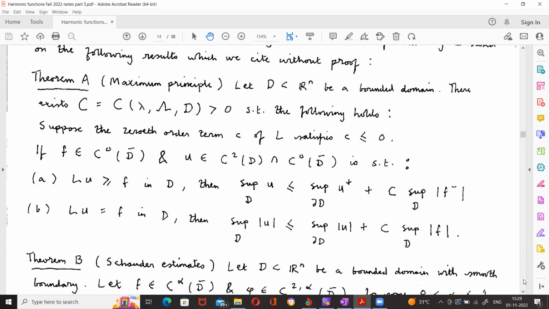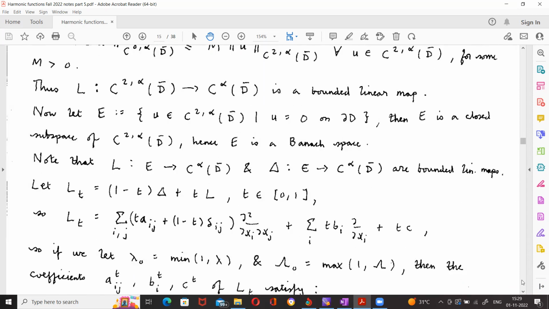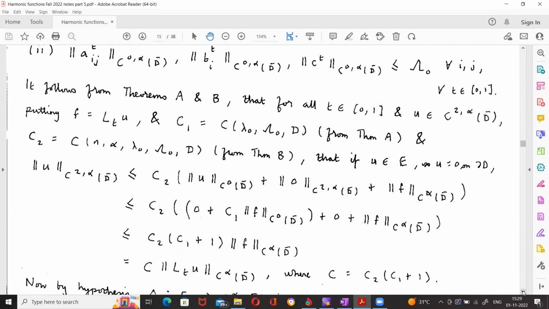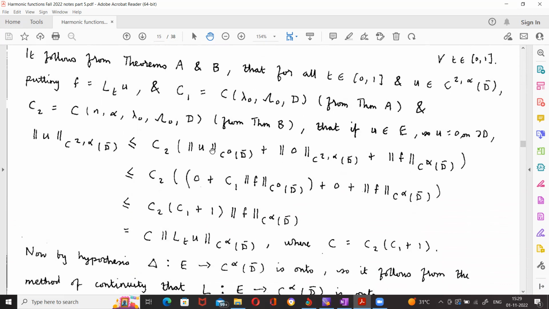Let me apply this inequality here. Then the C0 norm of U is less than or equal to the C0 norm on the boundary, which is 0, plus this constant C1 times the C0 norm of LTU, which is F.